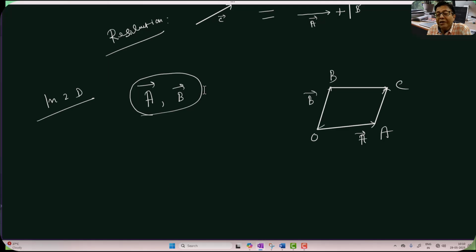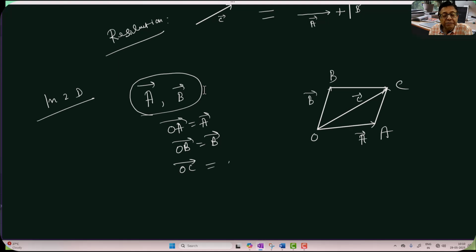This is OA, OB, and this is C. In this diagram, OA is vector A, OB is vector B, then OC is what? OC is vector C, that is A plus B.